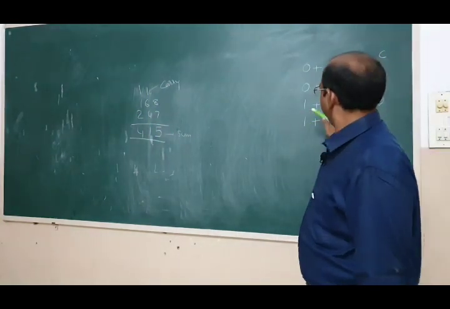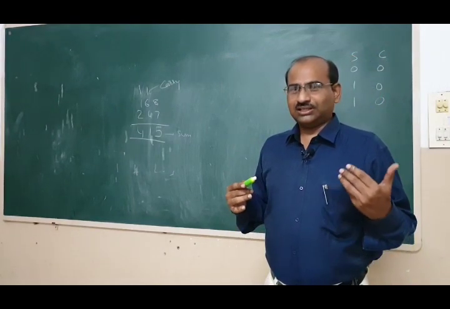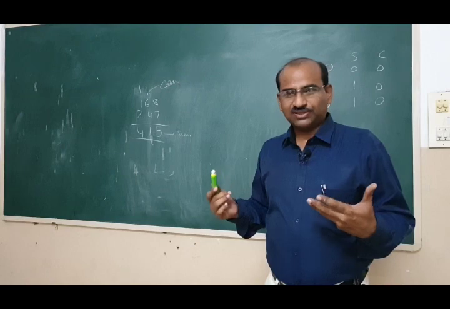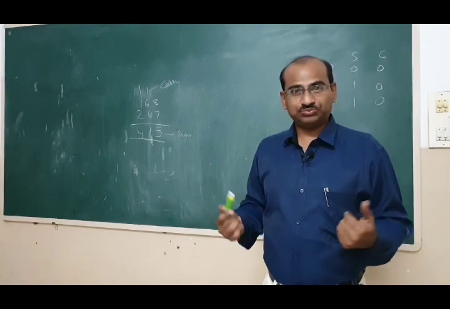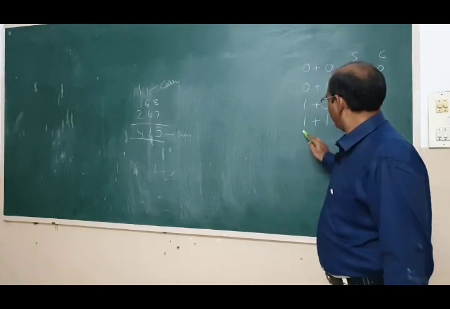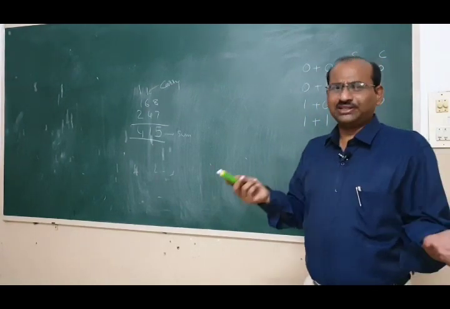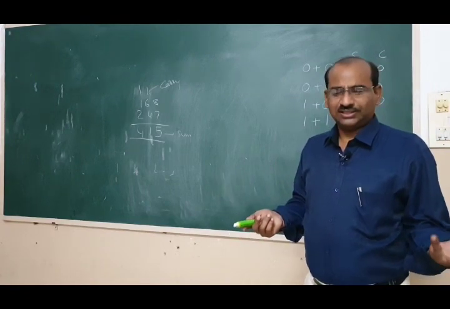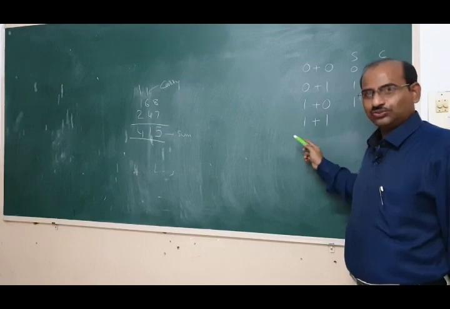So for the time being leave the binary numbers. What is the outcome of 1 plus 1 in the decimal number system? 2. Here also this is 1 and this is 1. 1 plus 1 you should get a binary code equivalent to 2. What is the binary code for 2? 1 plus 1 is 2.